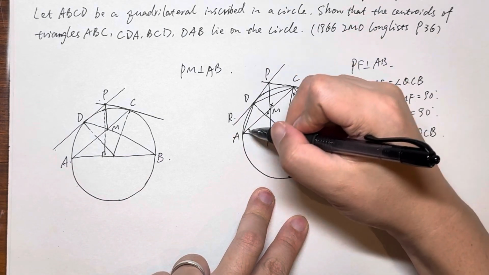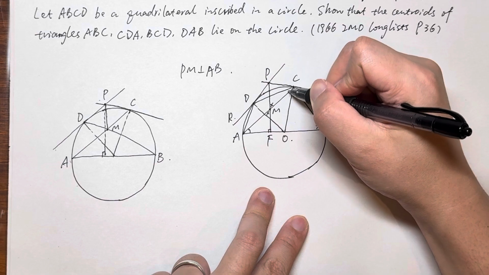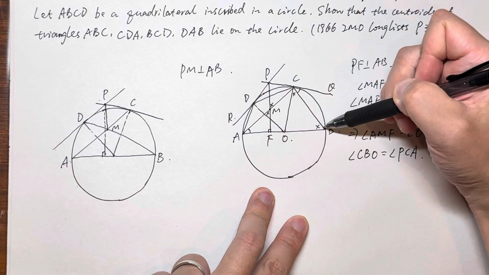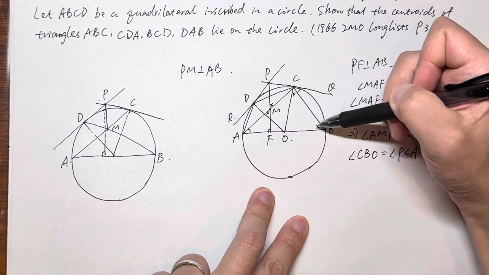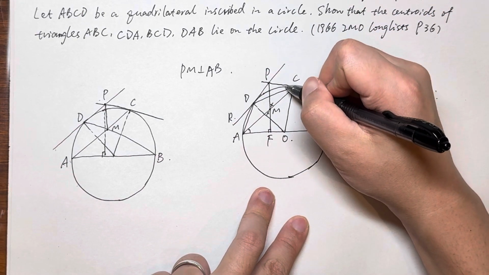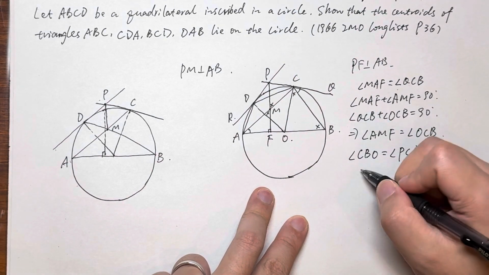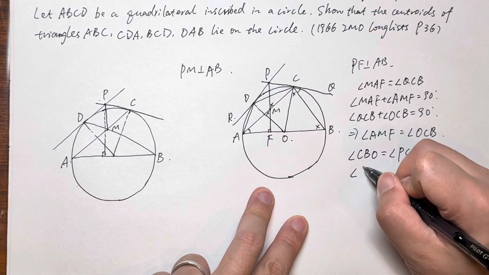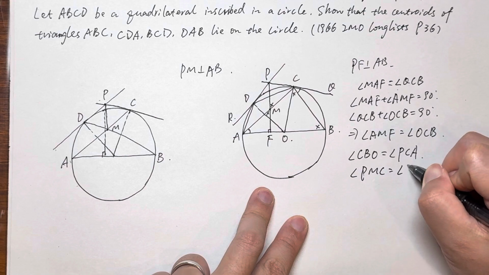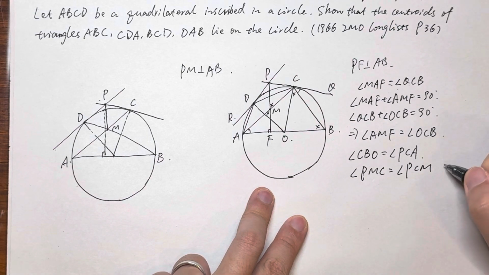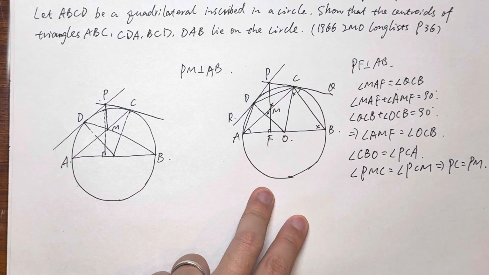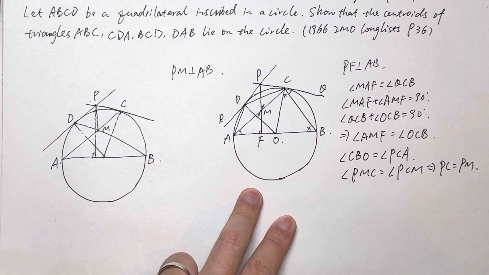Angle PCA, this angle, equals to angle CBA, right? That's CBO. So we know that angle PMC equals to angle PCM, which means PC equals to PM, right?